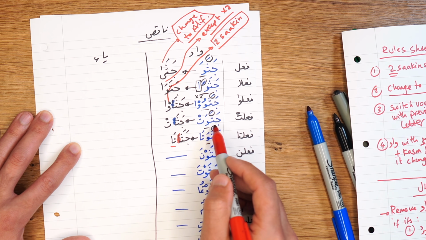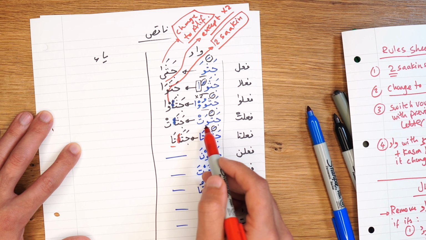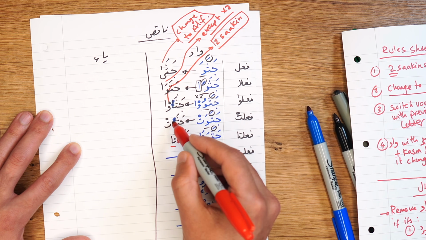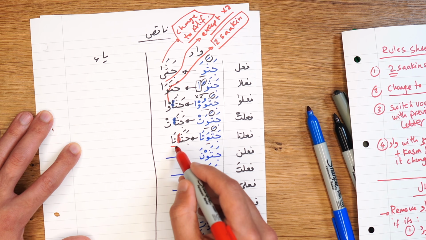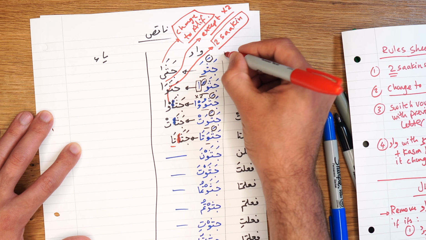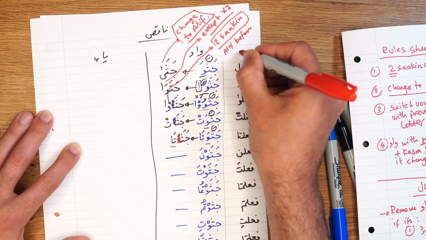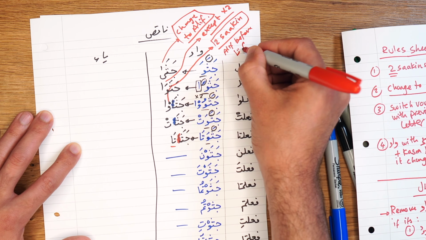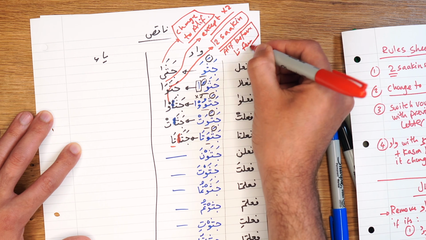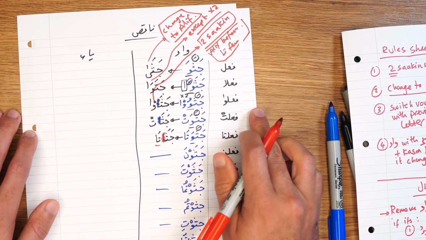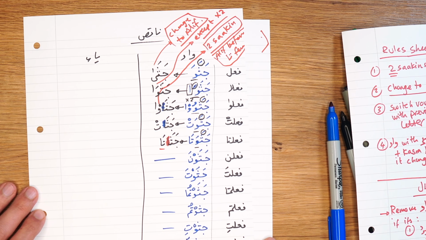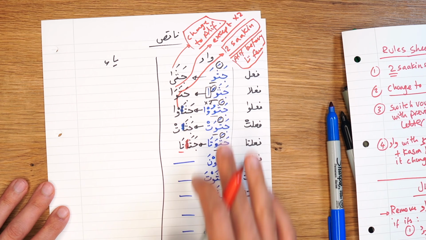And then you've got jathawat, so again the two sakin rule over there. Same thing over there. And over here, the alif is removed because it appears before the ta of the feminine. Okay, and there you have it. That's basically the rule that we have for this.